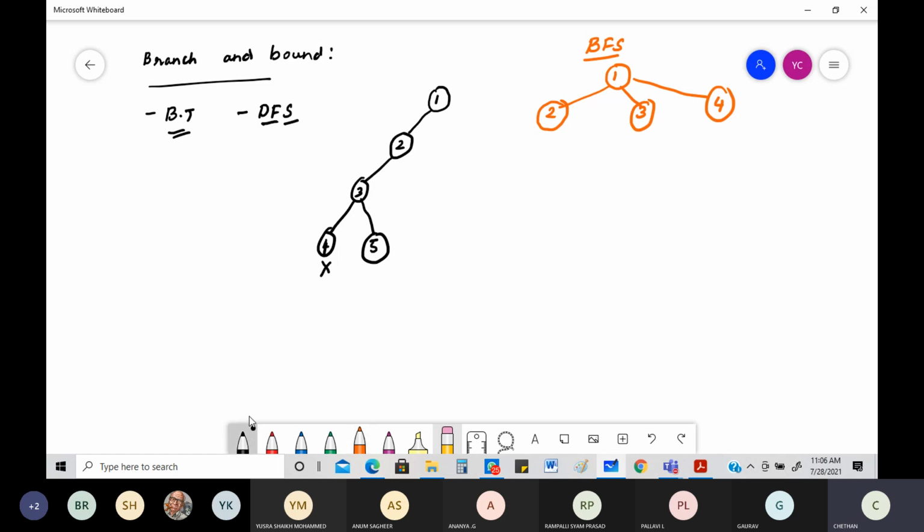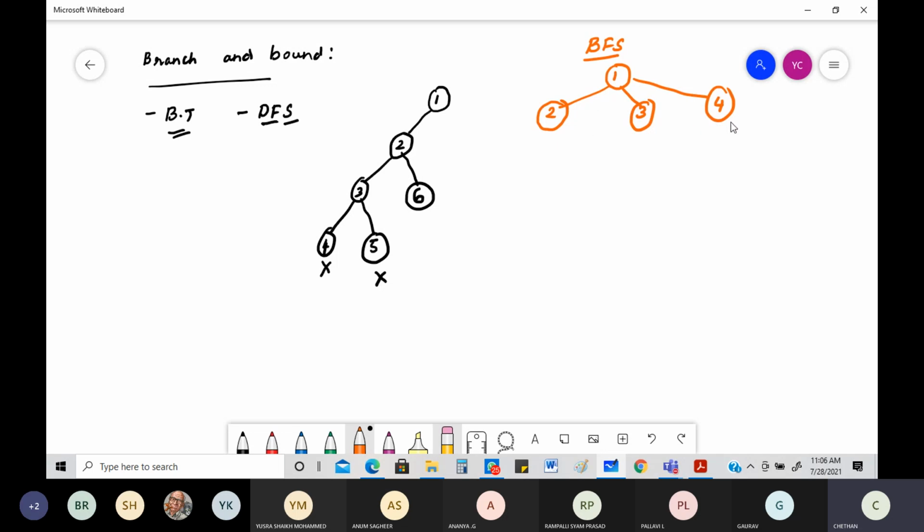If I have to add one more node here, where do you think it will be? The 6 will be coming right here, because after this doesn't work, it will backtrack to 2, and then the work of 6 will be done here. Now when you think of BFS, it basically works like this, where you have 1, 2, 3, 4.